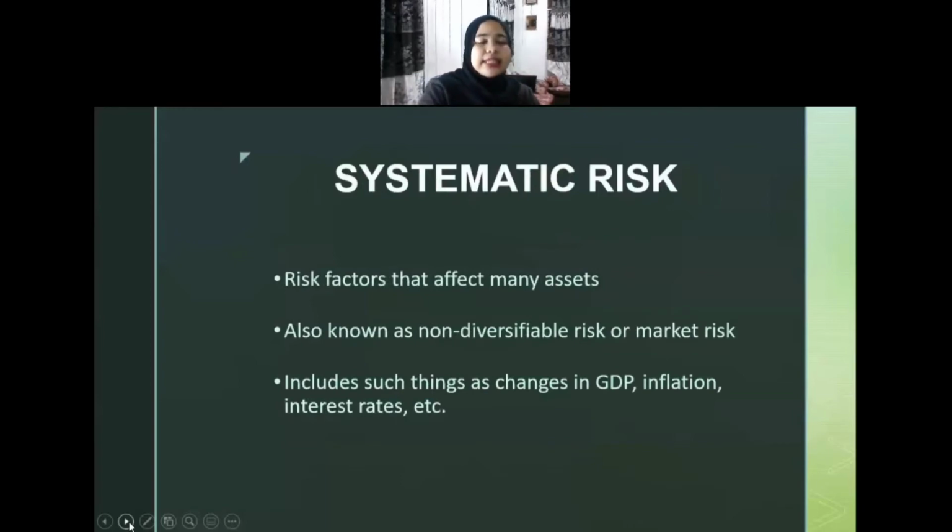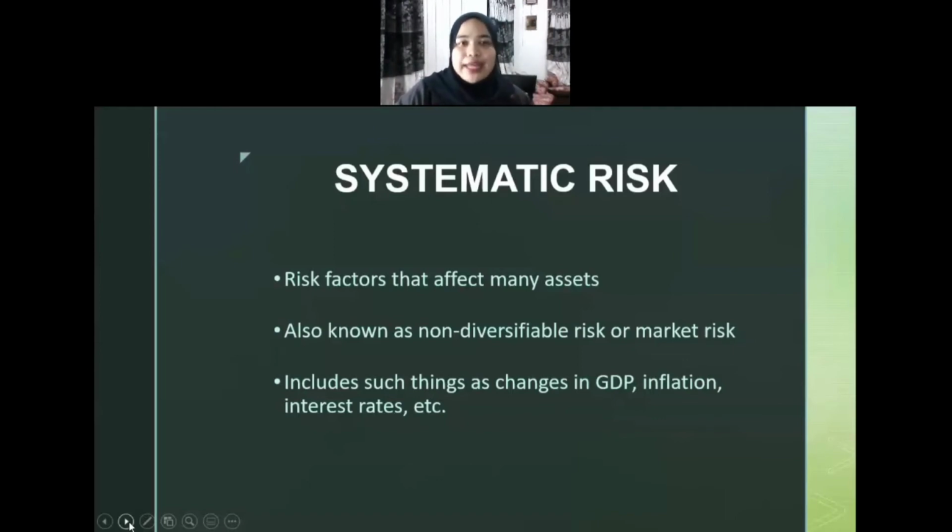Okay, just now we have learned about expected return and also unexpected return. This one we will learn about systematic risk and also unsystematic risk. Systematic risk is factors that affect many assets, or we can say it is associated with market factors that affect all industries and all firms.